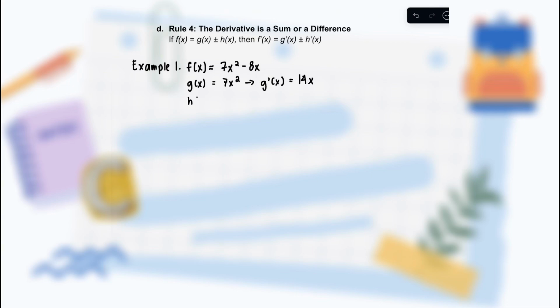And then h of x is equal to negative 8x will be h prime of x is equal to negative 8, applying then rule number 2, the power rule. After that, let us combine the terms. F prime of x is equal to 14x minus 8.